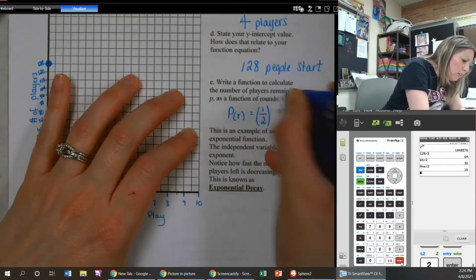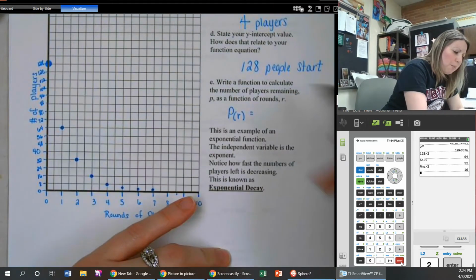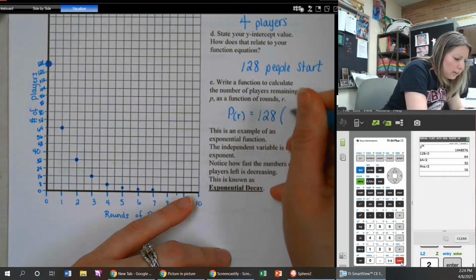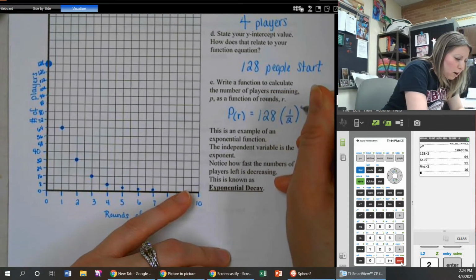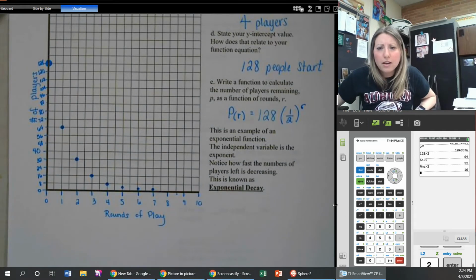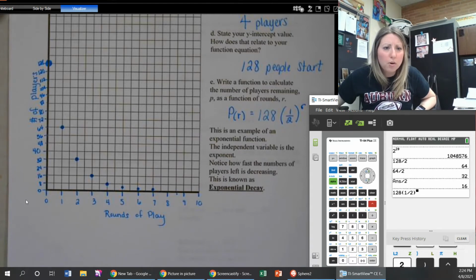What's my initial value? How many people started? 128? So why don't I have that times 1/2 to the R power? Because if I plug that in right here, 128 times 1/2 to the, and we'll start with the 0 power right here.